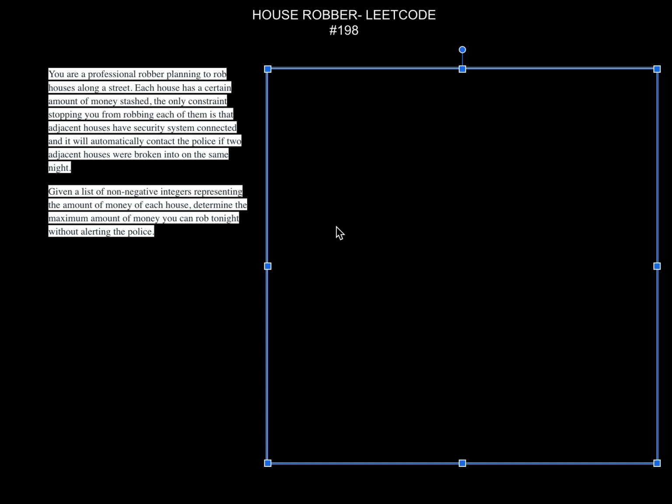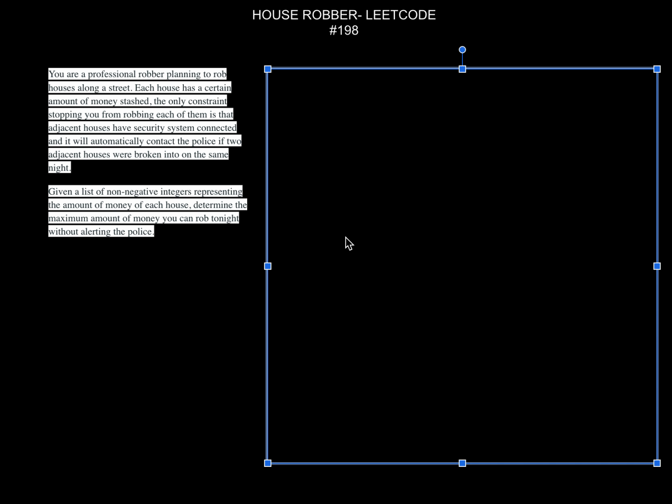So we have a list of non-negative integers representing the amount of money in each house, and we determine the maximum amount of money that you could rob in a night without alerting the police.